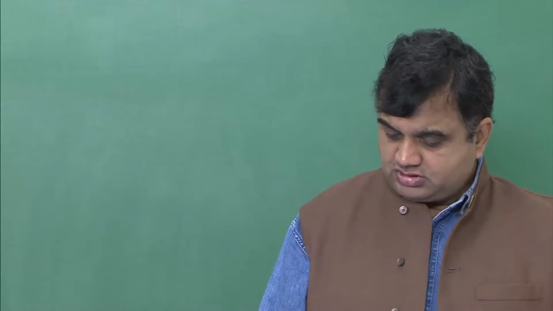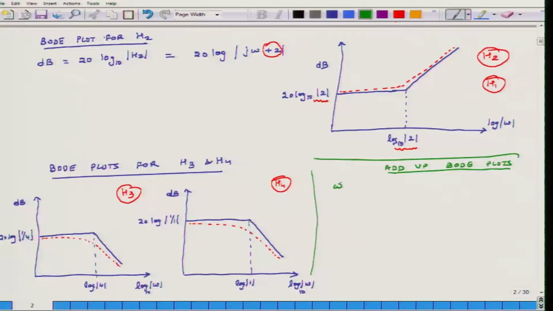Okay. So, I construct a table. So, the first range is 0 to 1 because the Bode plot for H4 changes its slope after 1. The next breakpoint is 2 because H2 and H1 change at 2.